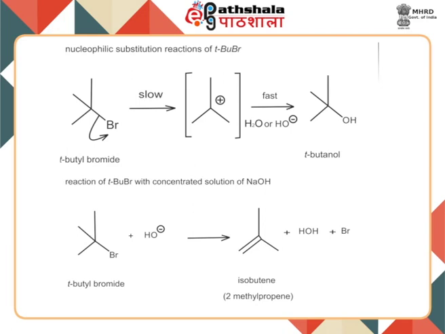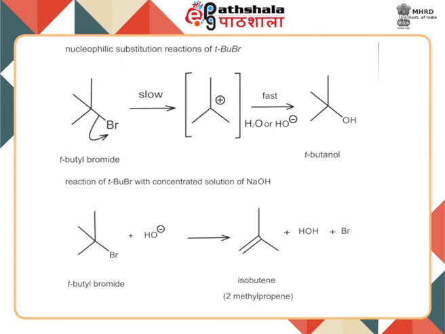As you can see in these equations shown here, the tertiary butyl bromide leads to the formation of the tertiary butyl carbocation, and if you have OH minus or water which can attack as nucleophile, there is formation of tertiary butanol, which is the substituted product.